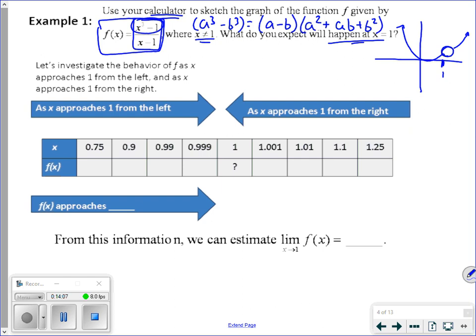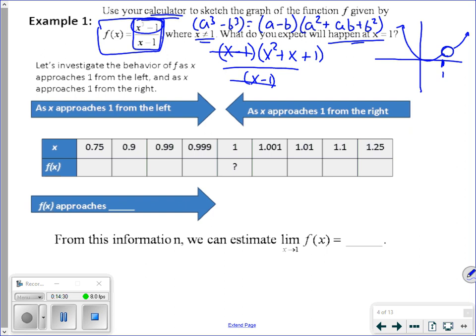Okay. So if I would actually factor the top of this function, it would be x minus 1 times x squared plus x times 1, which is x, and then plus b squared, which is 1, all over x minus 1. So you're going to notice that the denominator actually cancels out.